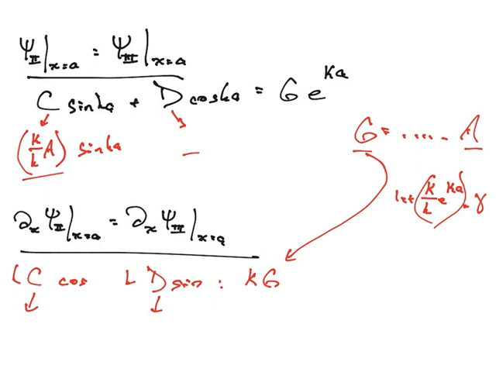They're not the C, the D, or the G, or anything like that. They don't have X in it. So you can just call it a constant. I mean, after all, that's what kappa and K are. They were originally the 2m over h bar squared times V naught minus E and all that stuff.